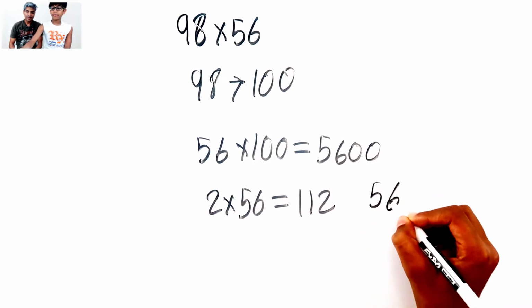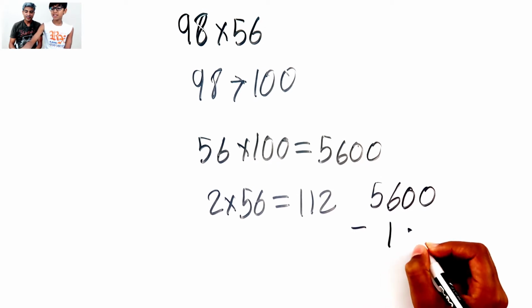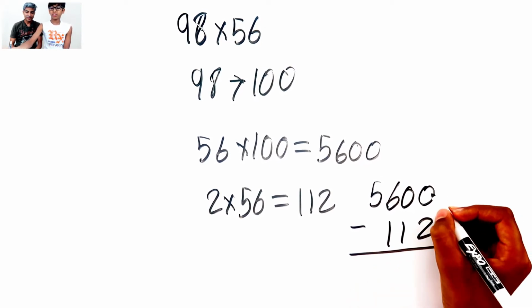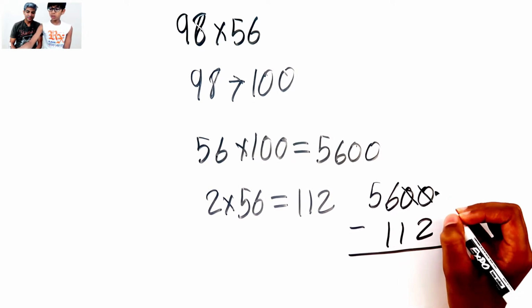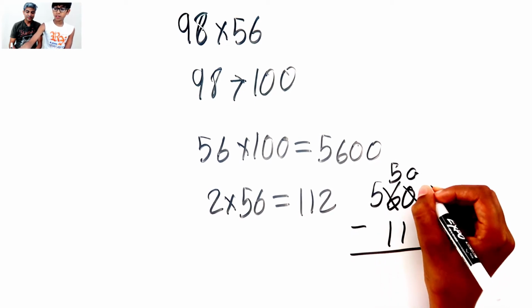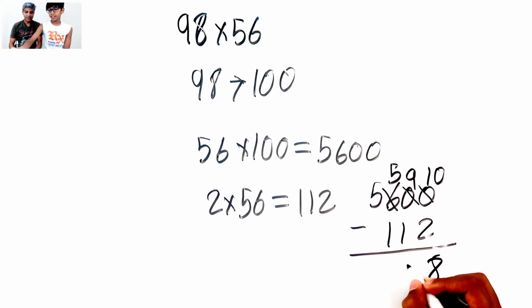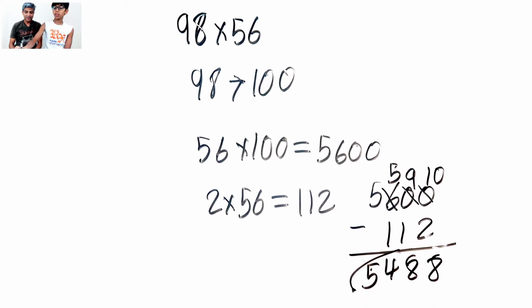So 5,600 minus 112. Let's see. Okay, I'll just do it in a quick method. So there, and then there, 5, 9, and there we go, 8, and then 8, and then 4, and then 5. There we go. We have the answer.